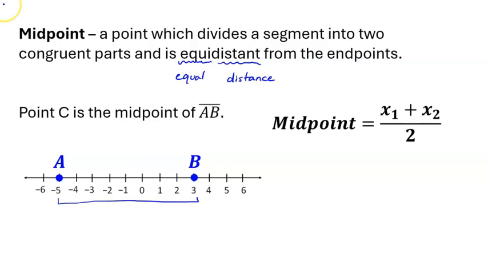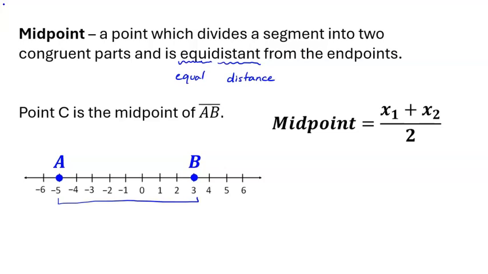But we don't always have a number line, and sometimes it's not as easy to draw a number line, so it's just easier to go ahead and use the formula. So if I was trying to find a midpoint between two test scores, I would take the average. So the midpoint formula is really just taking the average of those 2 points.